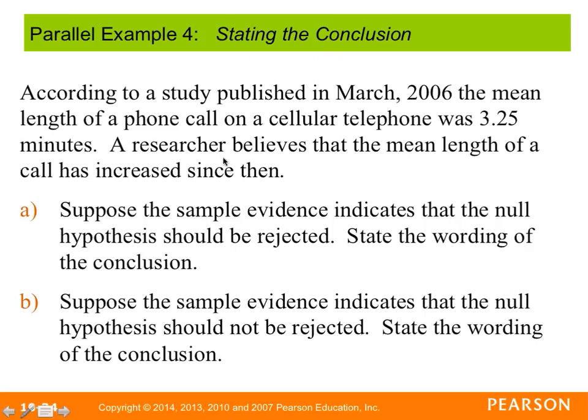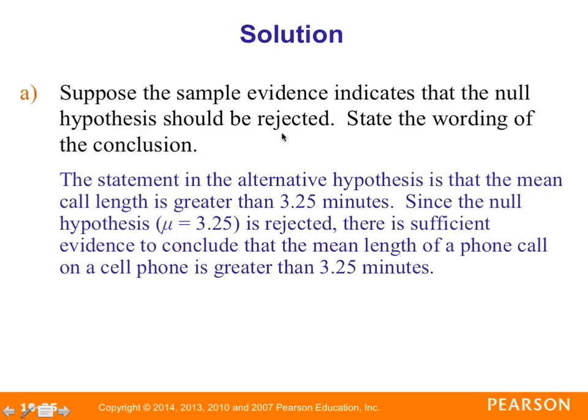So let's look at this right here. We have, again, our cell phone with 3.25 minutes. A researcher believes that it's increased. So let's suppose that the sample evidence indicates that the null hypothesis should be rejected. So if we want to reject the null hypothesis, we would say that there is sufficient evidence to conclude that the mean length of a phone call on a cell phone is greater than 3.25 minutes.